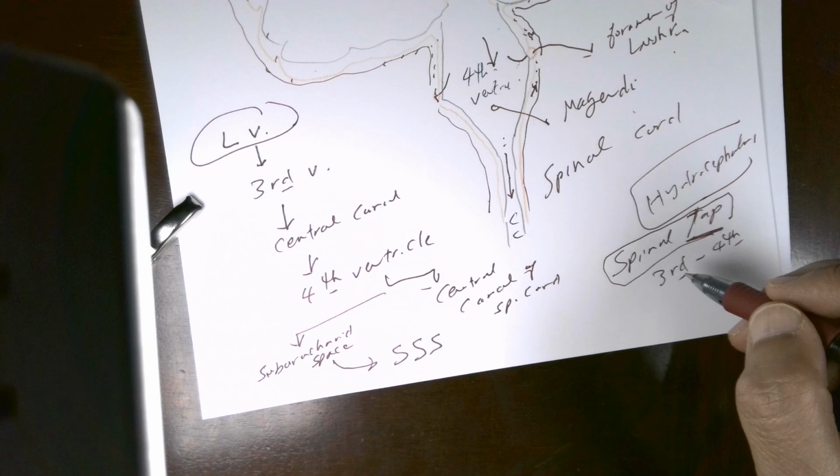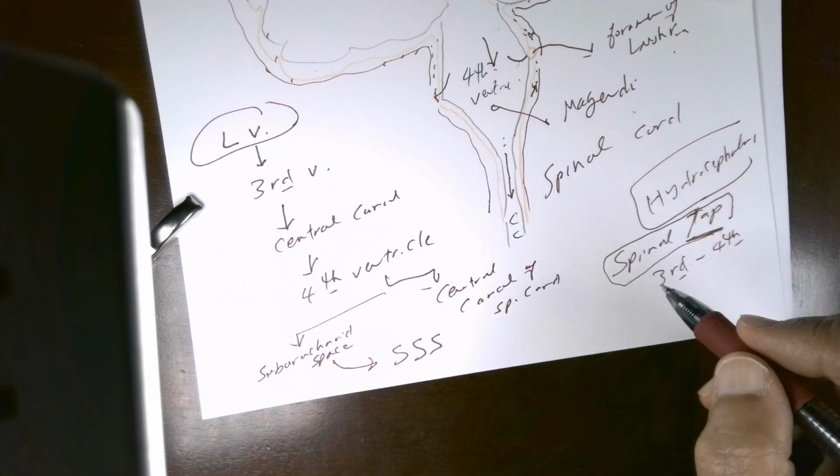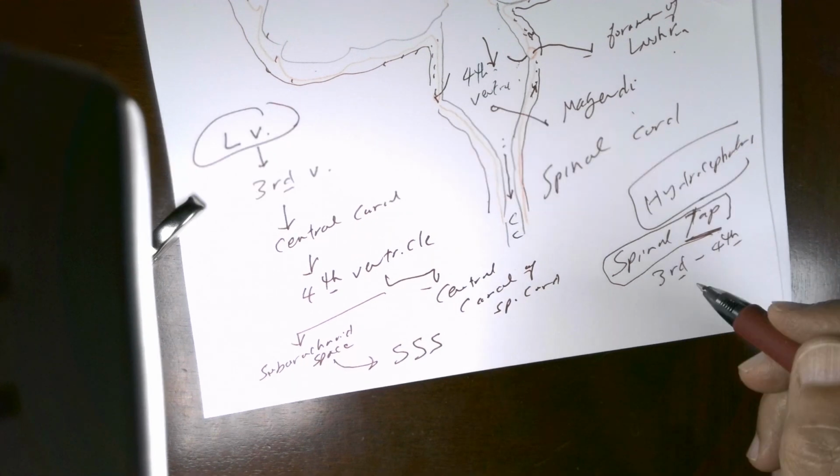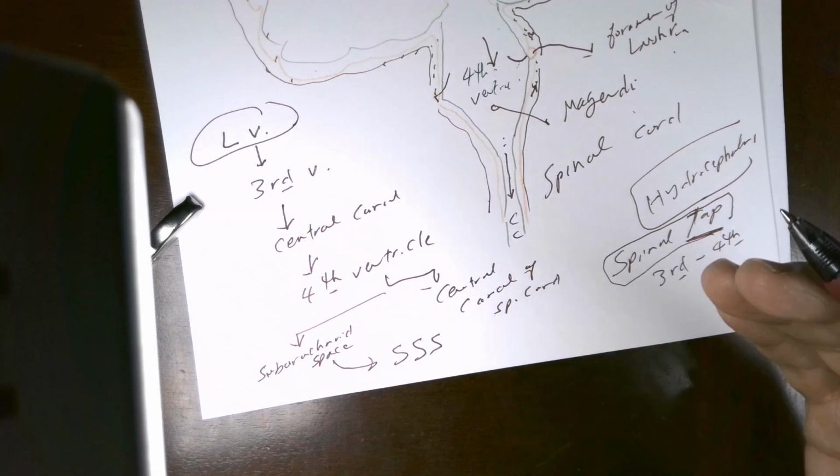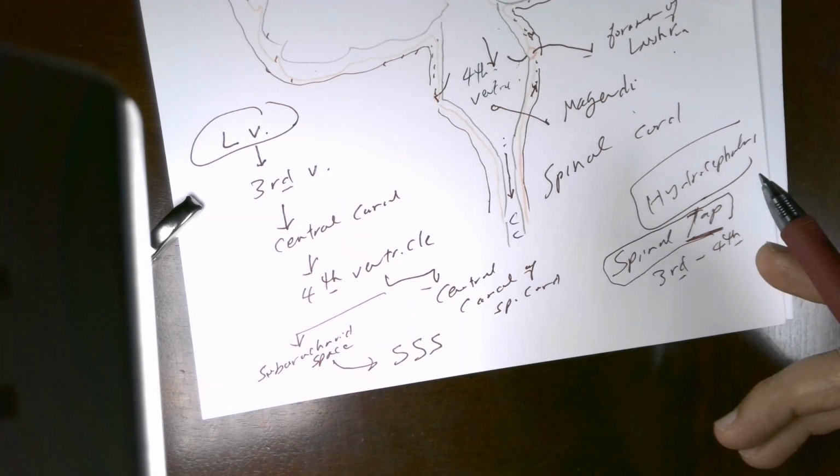Remember that the spinal cord ends at which level? At the level of lumbar 1, so you need to be below the level of the spinal cord. Okay, thank you.